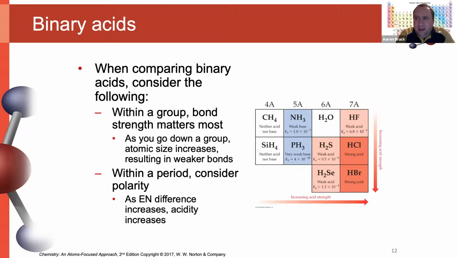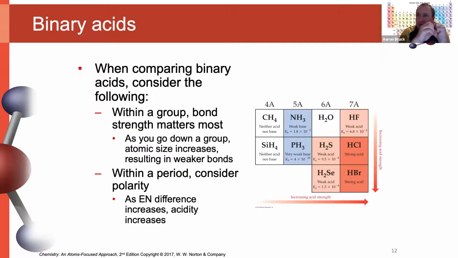For binary acids, we can consider the following as general trends for increasing and decreasing acid strength. What we can see is that when we look within a group, bond strength is going to matter the most. And so as we go down a group, we tend to see that acid strength increases, because we've got hydrogen, which is basically unchanged in terms of its size.